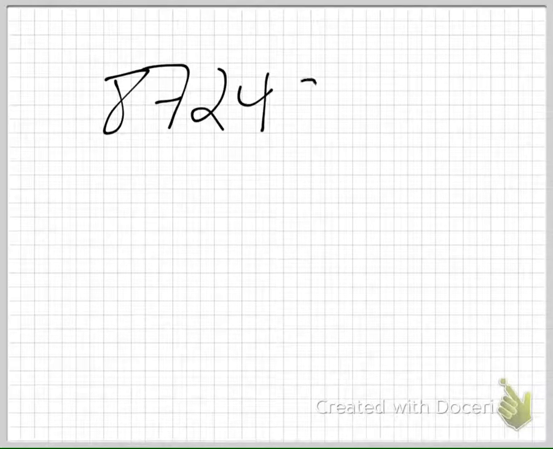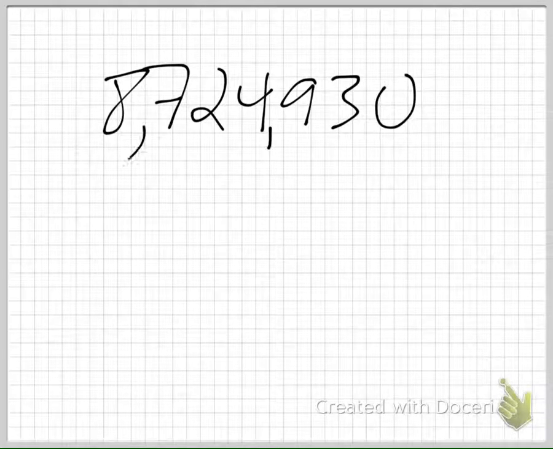A big number, 8,724,930,724,930. What's a rule, Gigi? If the ones place is a 0. If the ones place is a 0, then what do you know is true? It's divisible by 10. That's the quick and easy way of looking at it.